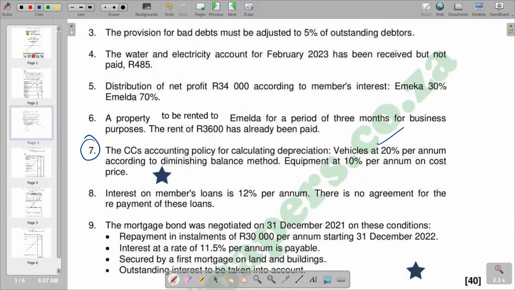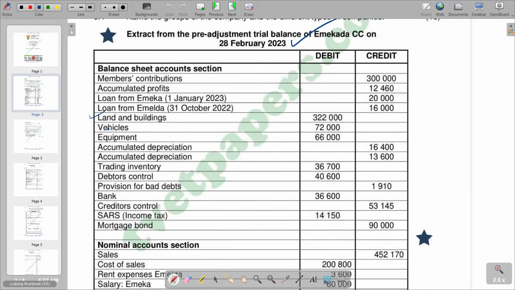So we are concerned about our vehicles. We want to calculate for vehicles. So the assumption that we have is that the figures that we are given here are figures at the beginning of the year. So we need to calculate a depreciation for the year, and then we find the net book value or the carrying value for vehicles for the current year.